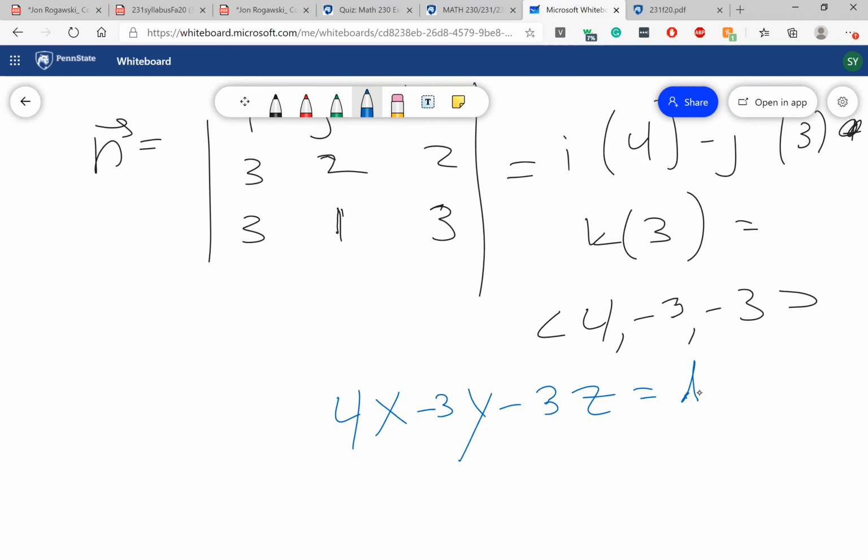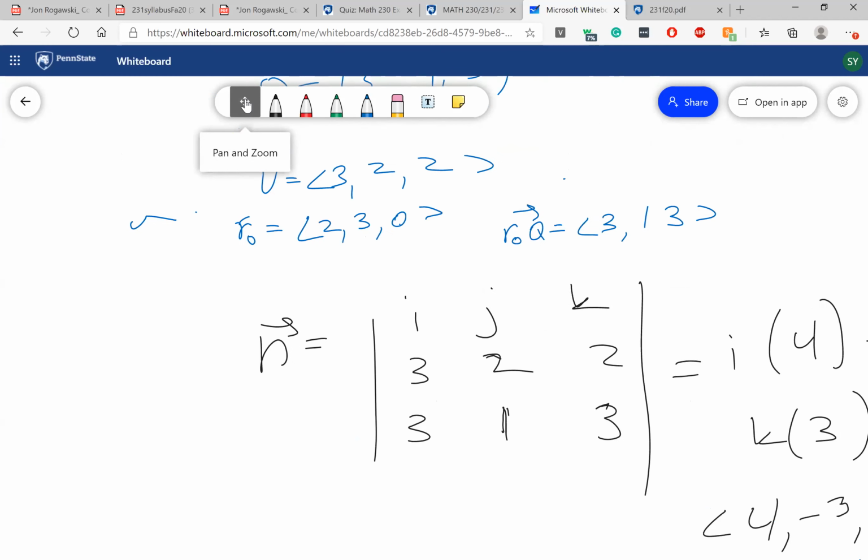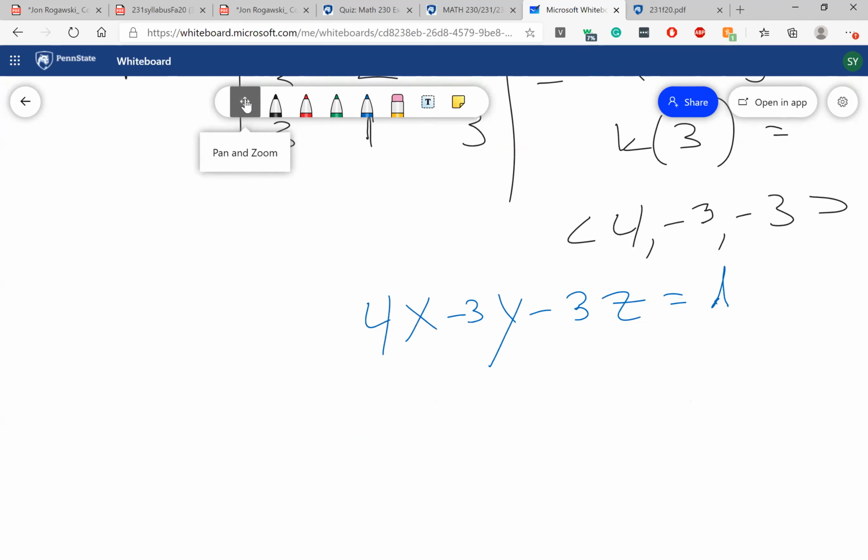Now we can plug in the point R0, which is 2, 3, 0. So this is 8, and this is minus 9, and this is 0 plus 0, equal to d. So it's negative 1. So the equation of the plane is 4x minus 3y minus 3z is equal to negative 1.